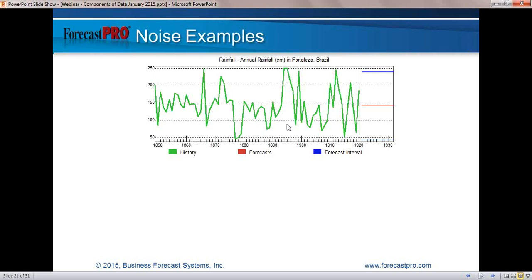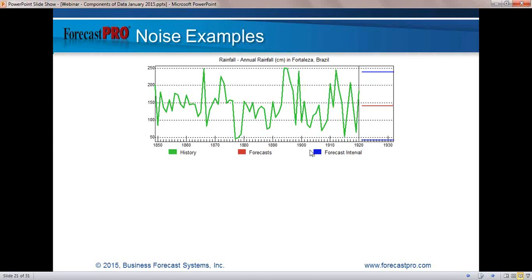So there's a lot of variation here, and it's not predictable. It's random. This is an example of a very noisy data set. Our forecast for next year is 150 centimeters plus or minus 100. You see these confidence limits, the blue lines, how wide they are? What it's saying is the data are very noisy. It's very hard to forecast this with any sort of accuracy.